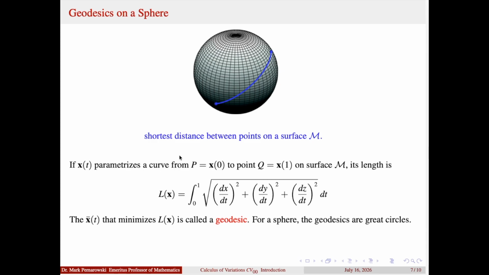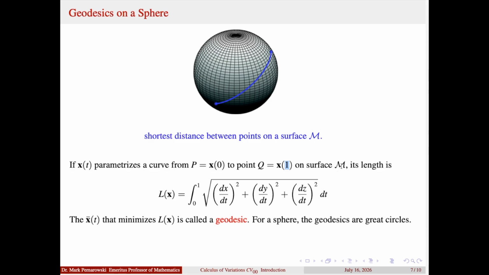Now, if I'm going from a point P, I can parameterize any curve on the sphere by x of t. At time 0, it's at the point P, so that'll be this point here. And then at time 1, on some time scale, the position will be a point Q, which will be the end point.